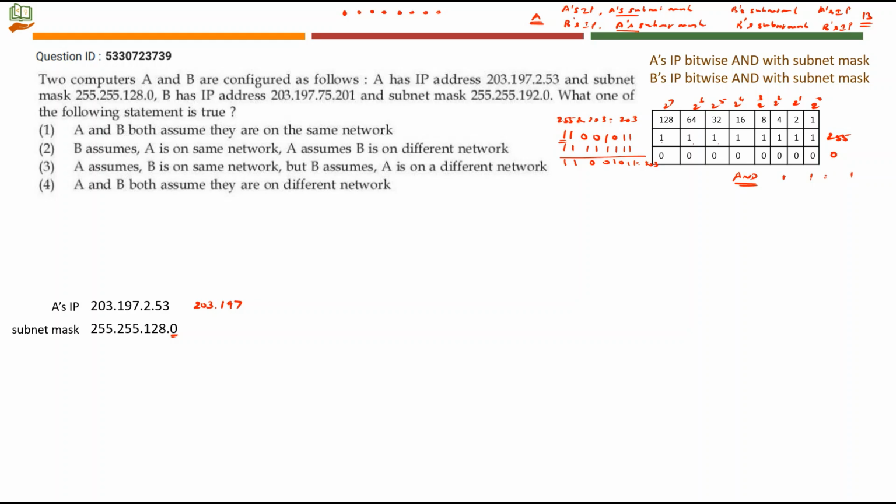So we will have 0, 0, 1 for 32, 1 for 16, 0, and 101 here. This is going to be 53 and this is 0. When you do AND operation, irrespective of the ones in the 53 part, you will get zeros everywhere, because 0 with 0 or 1 will give you 0 only.